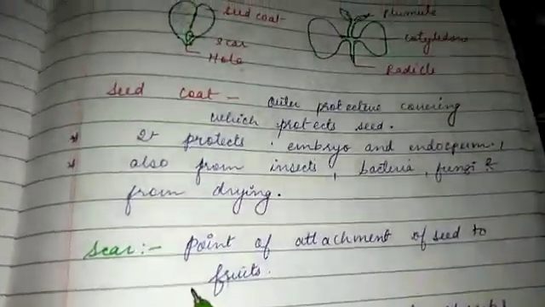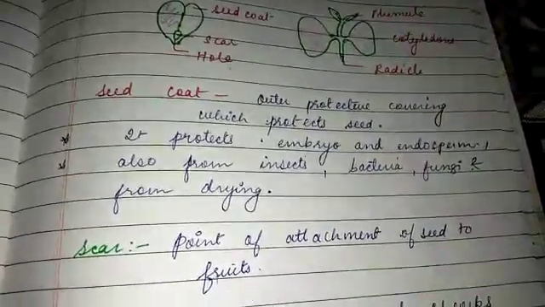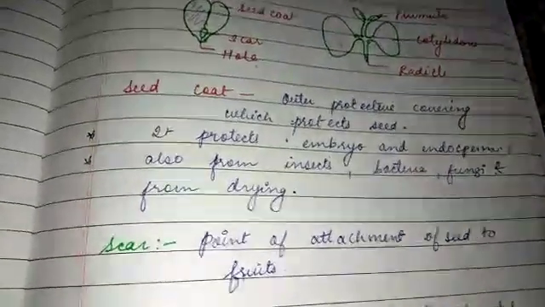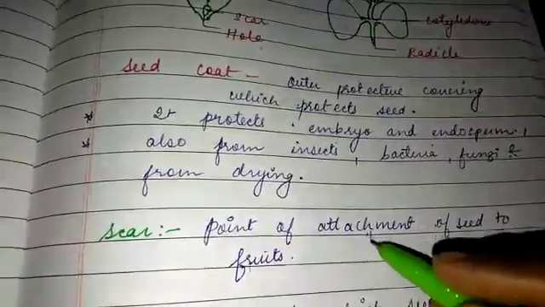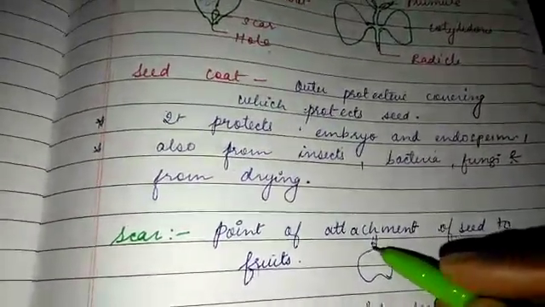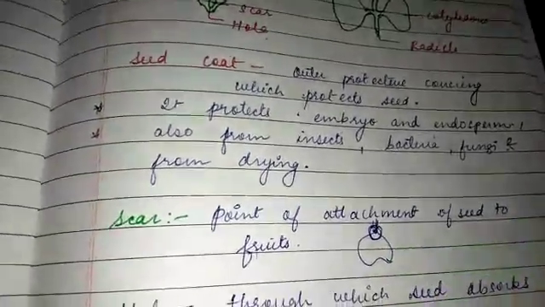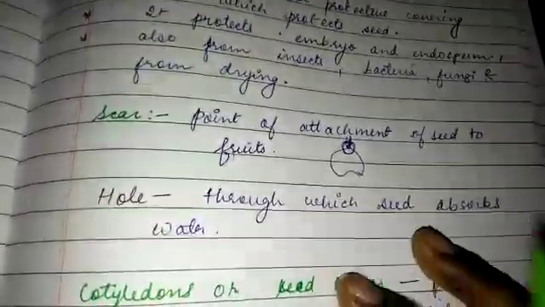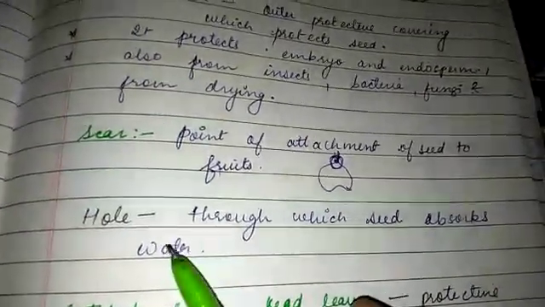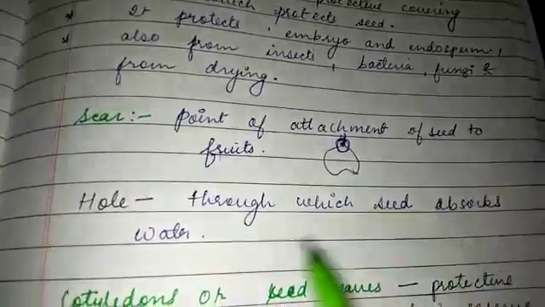Now what is the scar? The point of attachment of the seed to the fruit. You have seen, suppose an apple or any other fruit, here you can see these are attached here. So this point is called the scar. Then the hole is a small hole through which the seed absorbs water.